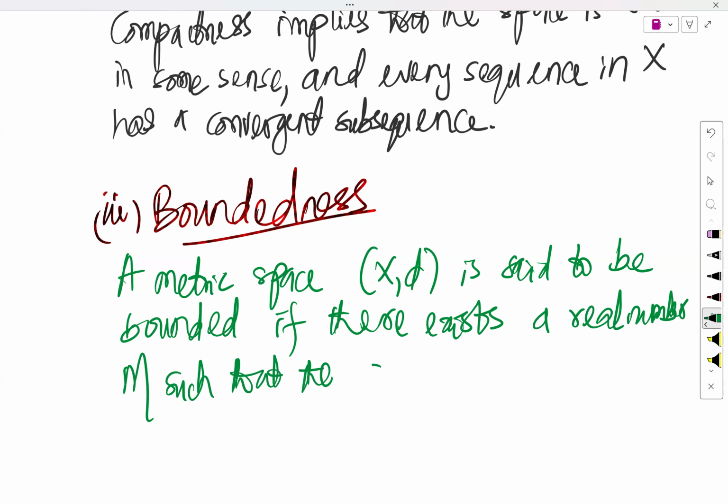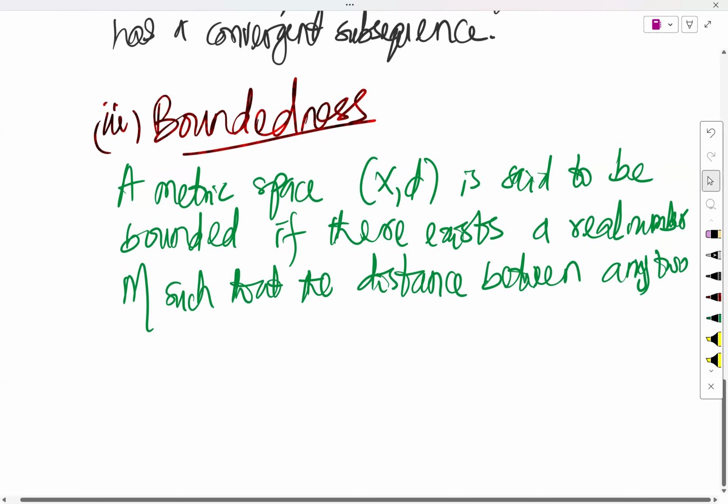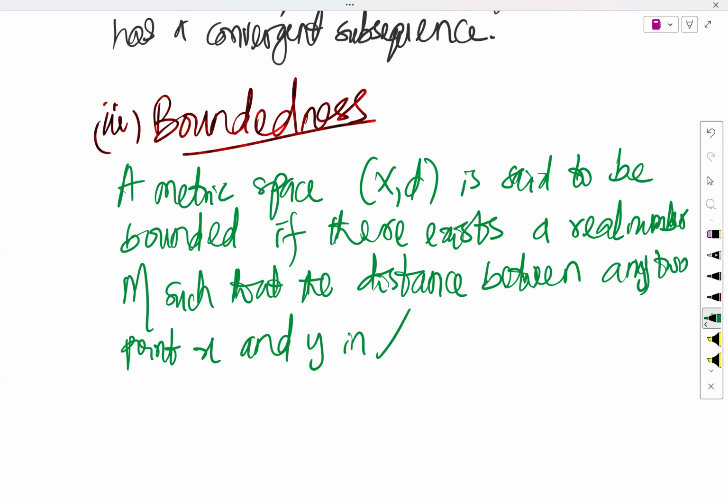the distance between any two points x and y in X is less than m. Metric space is all about distance, right? That means it doesn't ever surpass m.